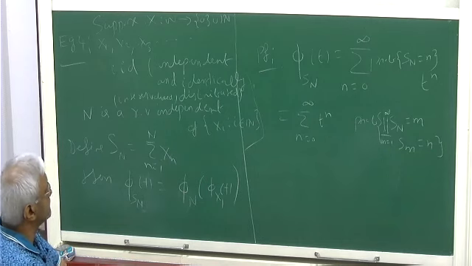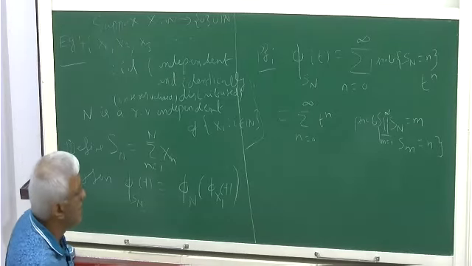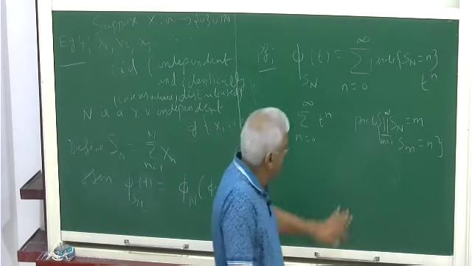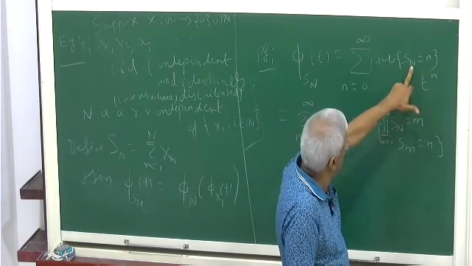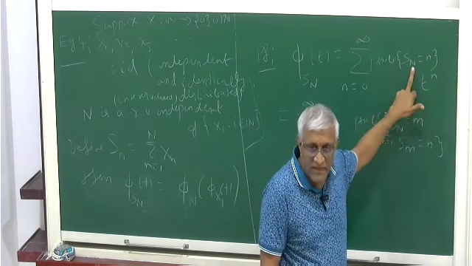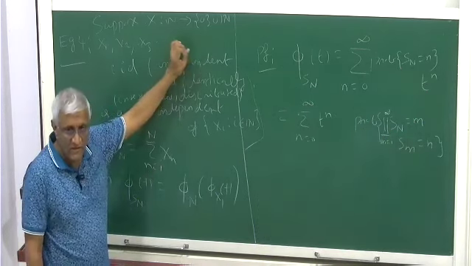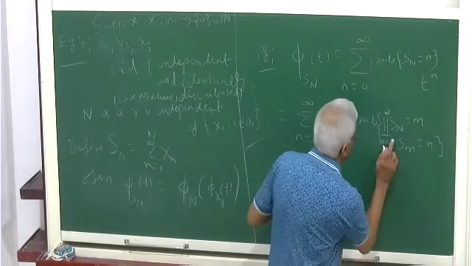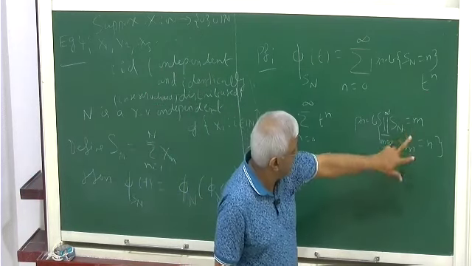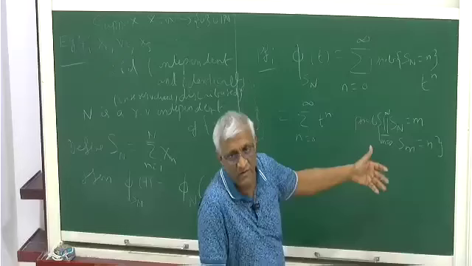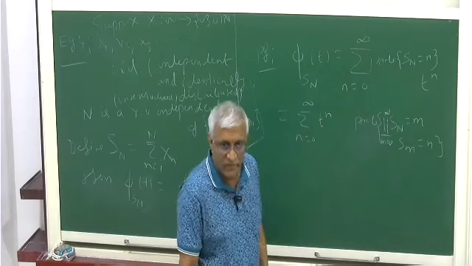For S_N equal to n, you take the disjoint union over all possibilities of N. N is a random variable taking values in the natural numbers together with 0, so it takes all values from 0 to infinity. For any two values the sets are disjoint: if it takes 0, it's not going to take 1; if it takes 1, it's not going to take 2. So it is a disjoint union over m equal to 0 to infinity.